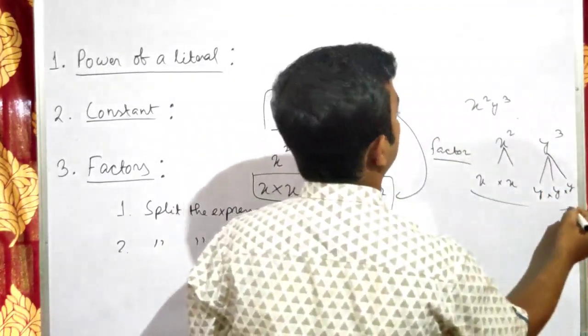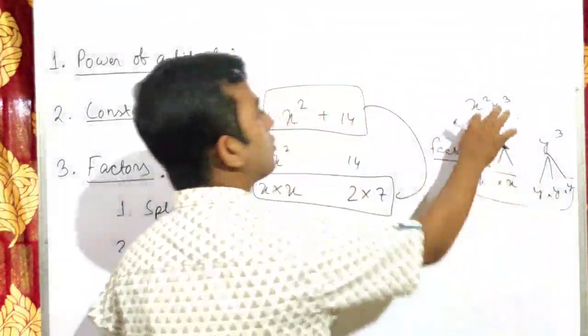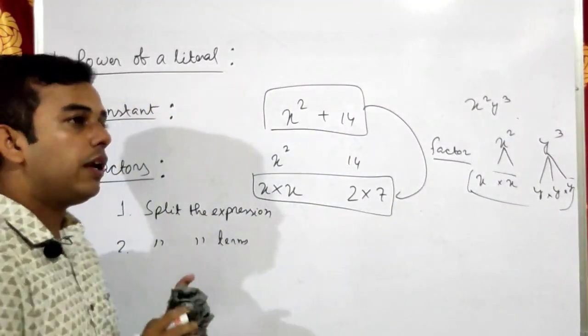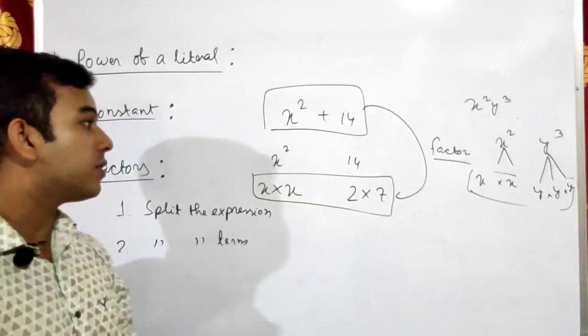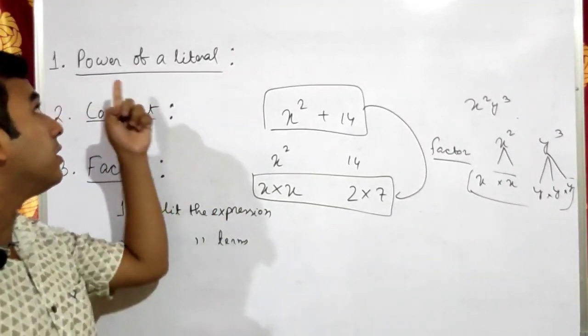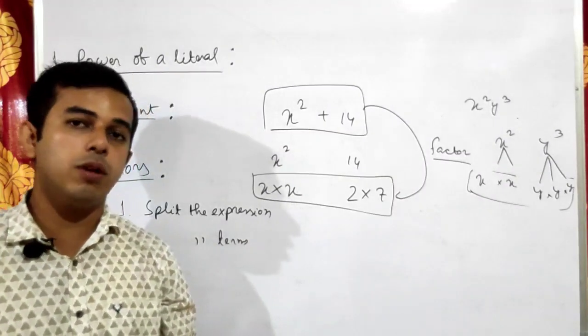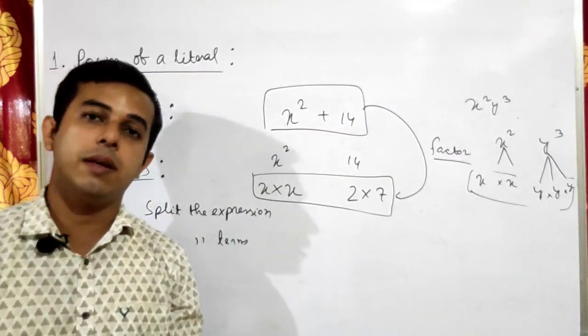So these are the factors of this term. I hope you are clear what factors are, what a constant is, and what a power of a literal is. It will be clearer if we solve a few problems of our exercise 7.2.